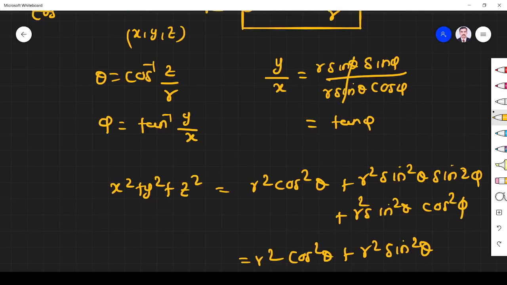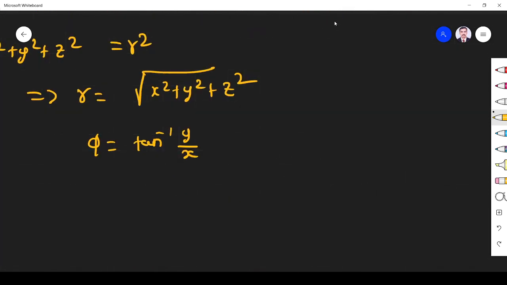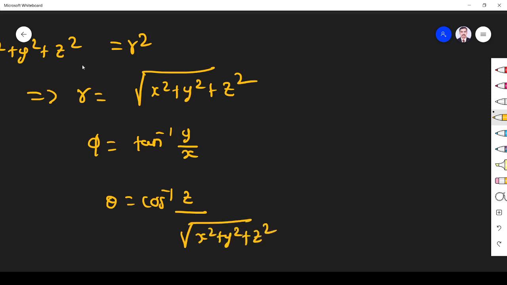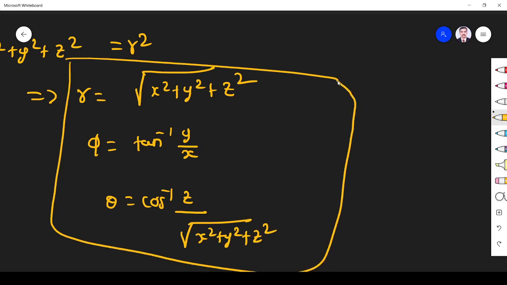Theta is equal to cos inverse of z by r, where r is spherical, but its equivalent value is in terms of Cartesian, root of x squared plus y squared plus z squared. Now you see the right hand side is full of Cartesian coordinates and the left hand side is spherical.